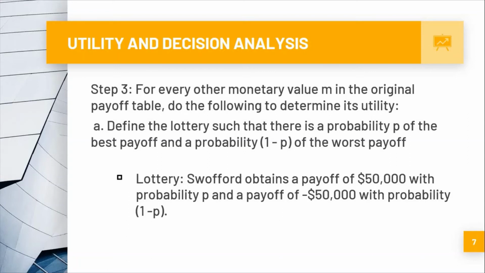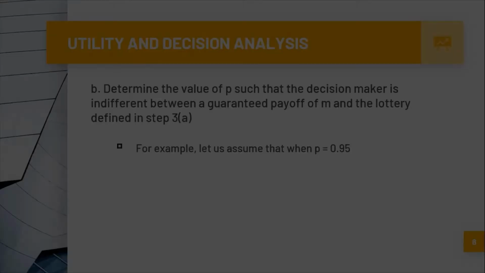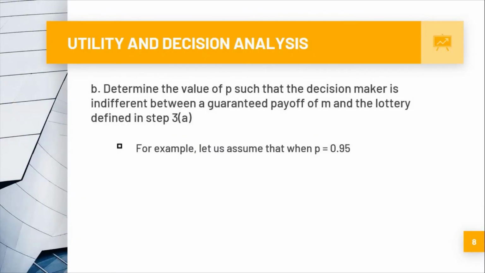So in here, in the lottery, Swofford obtains a payoff of $50,000 with probability P and a payoff of negative $50,000 with probability 1 minus P. Letter B, determine the value of P such that the decision maker is indifferent between a guaranteed payoff of M and the lottery defined in step 3, letter A. Let's say for example that our P equals 0.95.